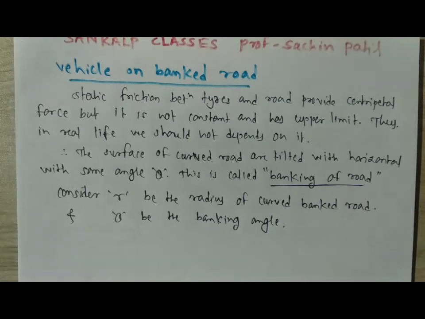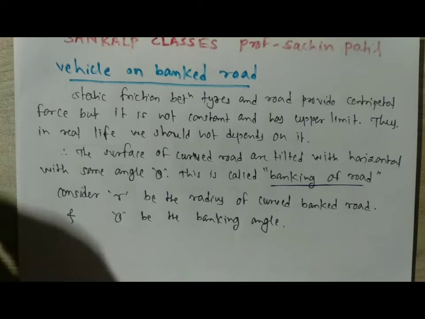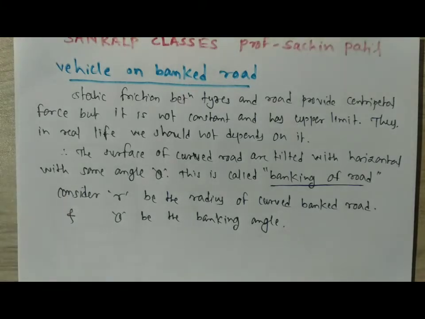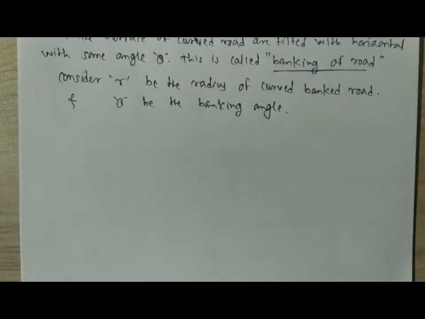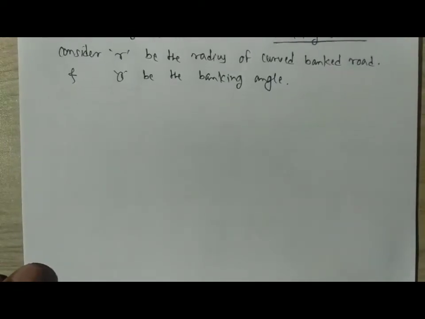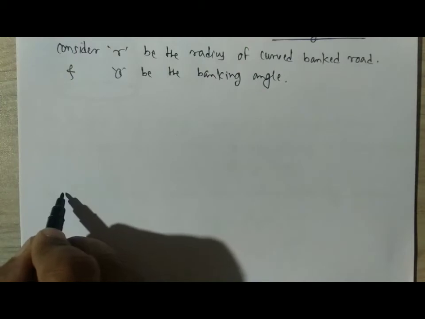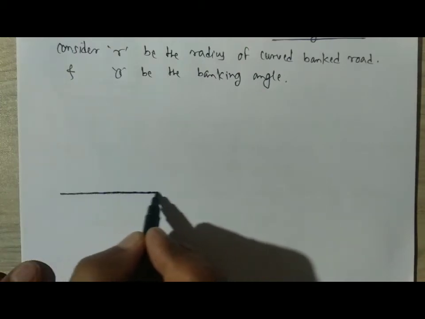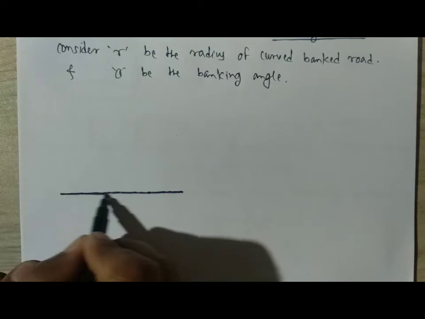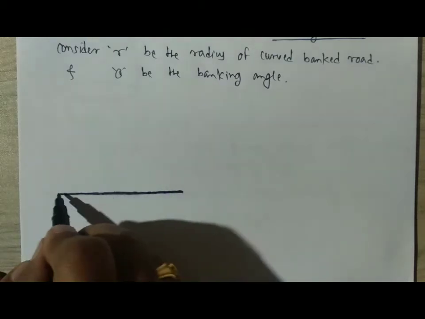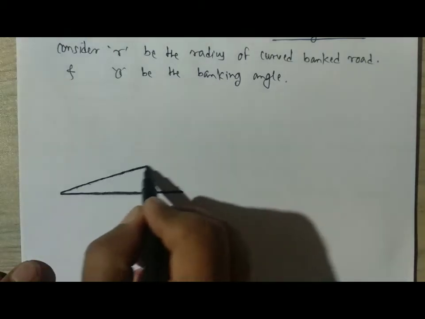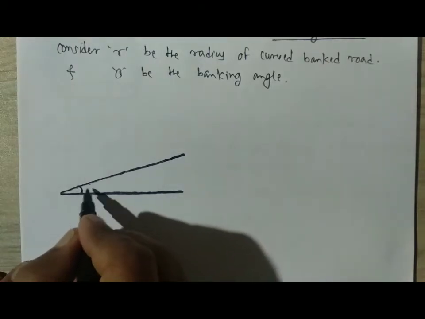At that time there will be a number of forces acting on the vehicle. First of all, we draw a diagrammatic representation of the vehicle moving on the circular banked road. Let us consider a horizontal surface here, and our road is tilted with that horizontal at some angle theta.